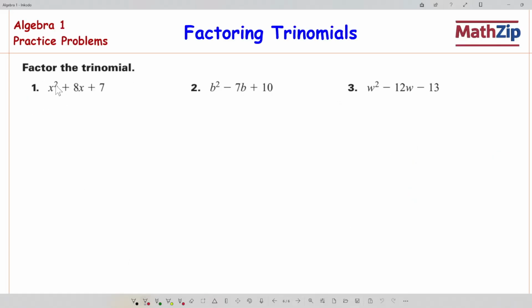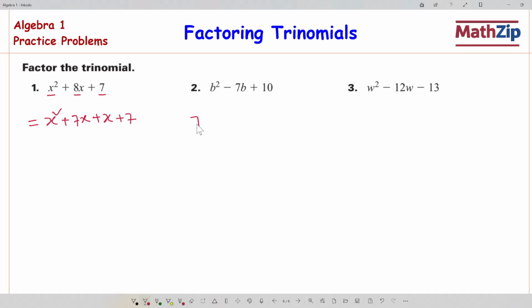Factor the trinomial. Why is it a trinomial? Because it has first, second and third terms. Now x square plus 8x plus 7, it's very simple. If we factorize this, x square plus 7x plus x plus 7. Why?